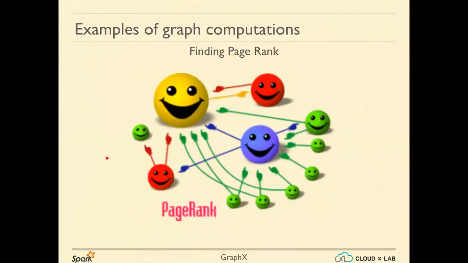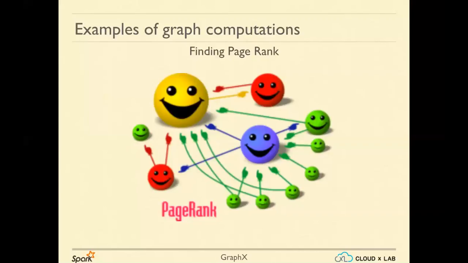Yes, this is a very important algorithm in the history of computation, which made one of the very successful companies in the space of search engines. And how does it work? Let's say there is a web page which is linking to another. The linking is viewed as voting. So the more people are linking to you, the more important you are.